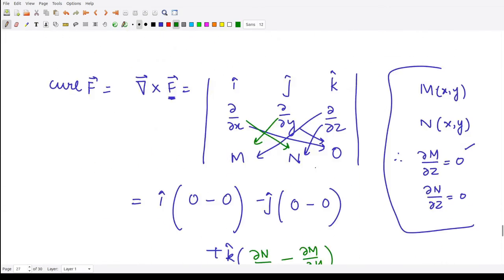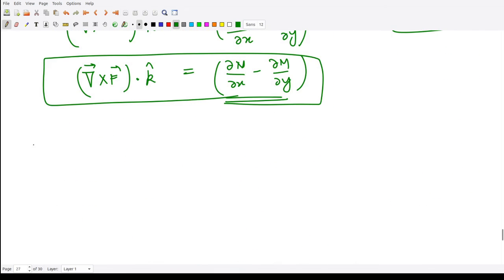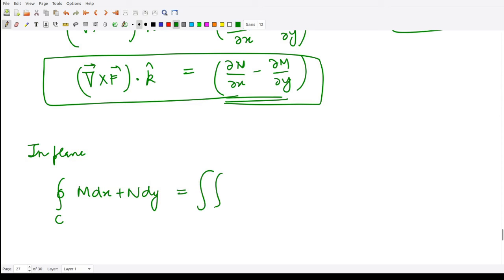So in other words, our Green's theorem in plane, which was written as the line integral over C of the quantity m dx plus n dy, is equal to the double integral over R of del n upon del x minus del m upon del y dx dy.